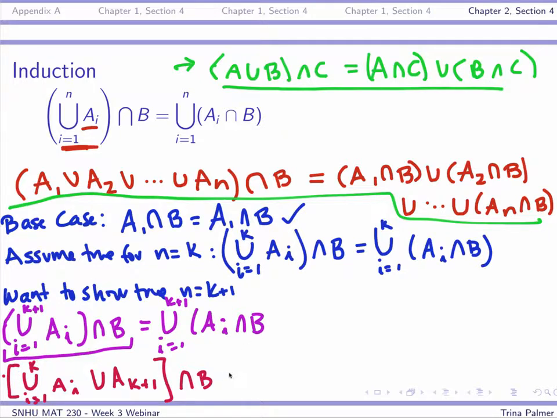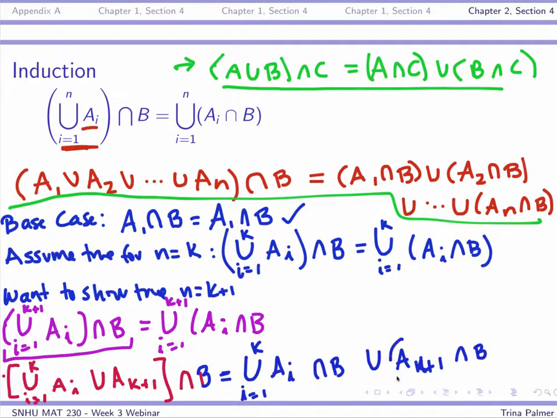So this is equal to the union I equals 1 to k of my AIs, intersect that with B, and then union A k plus 1 intersect B.